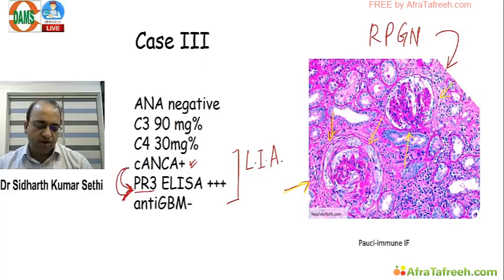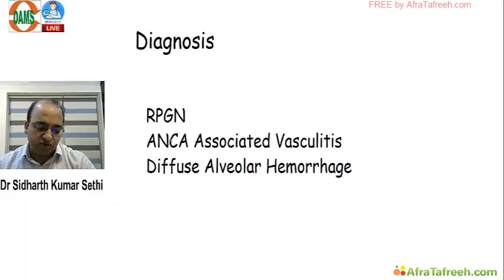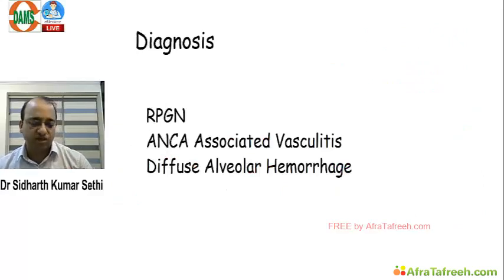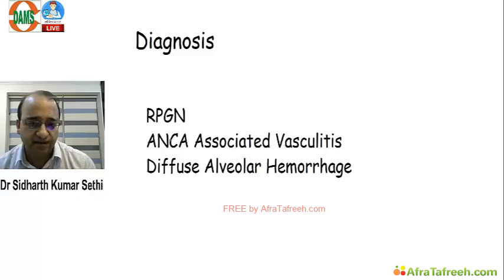C3, C4 were normal. So we found that he had ANCA associated vasculitis. So this is my diagnosis in this patient. He has rapidly progressive glomerulonephritis, he is rapidly losing his kidney function, he has ANCA associated vasculitis and diffuse hemorrhage in his lungs.